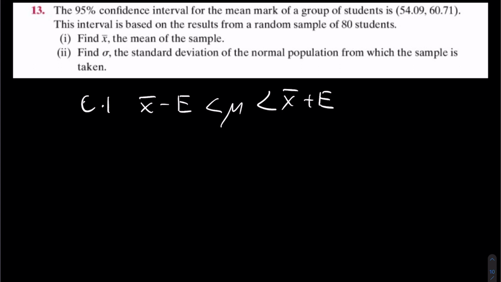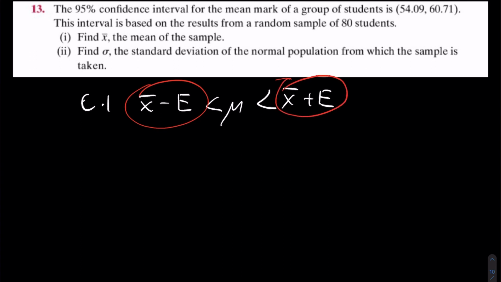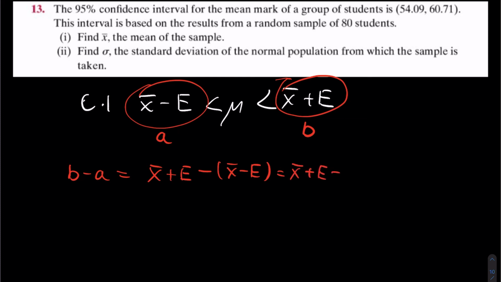Let's say that this limit and this limit, I'm going to give them specific names. Let's call this B and let's call this A. And I know that B minus A can be written as x bar plus E minus x bar minus E. So if I simplify that, the x bar terms cancel and I'm going to get twice the margin of error.